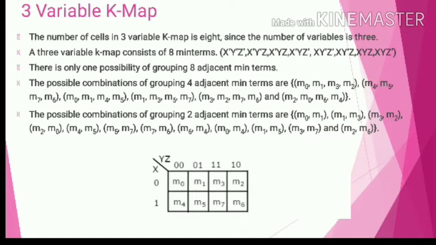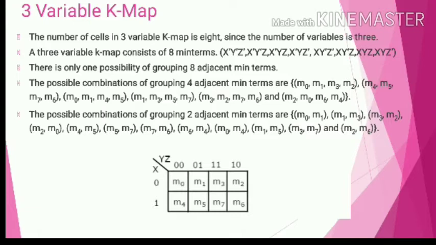The first minterm m0 contains the value 0 0 0 and it is represented as x bar, y bar, z bar because the value is 0 0 0. I already said put bar for 0.